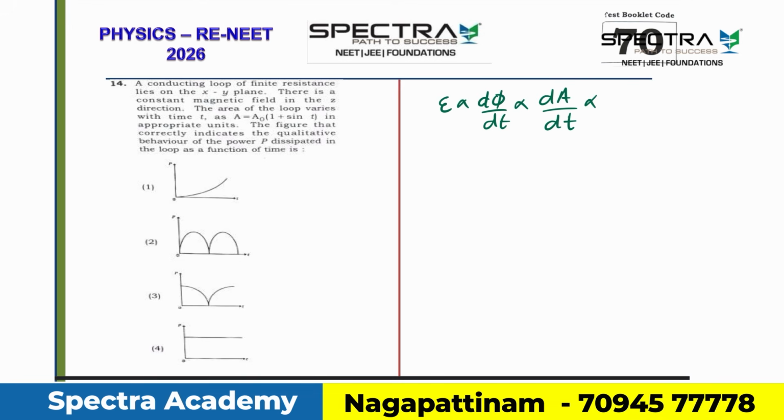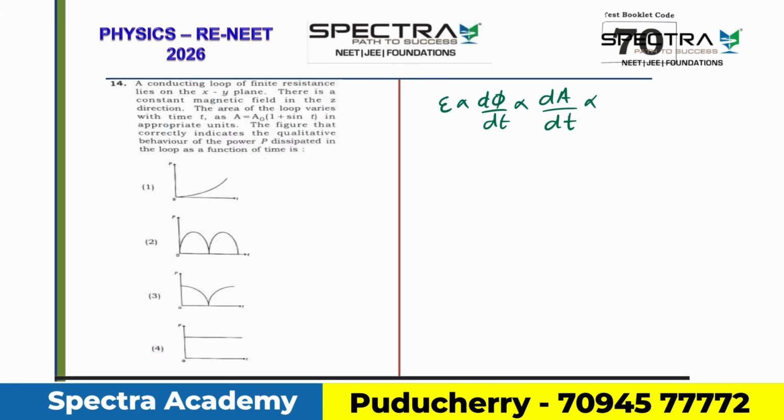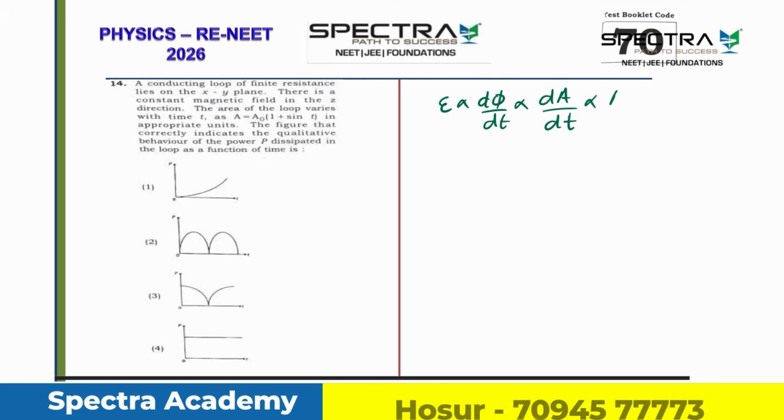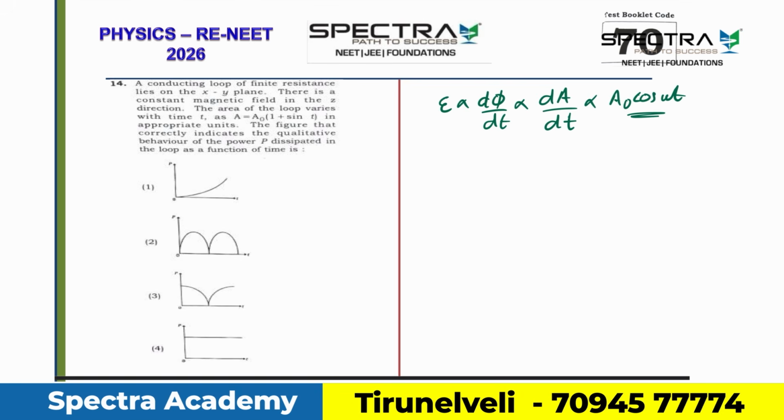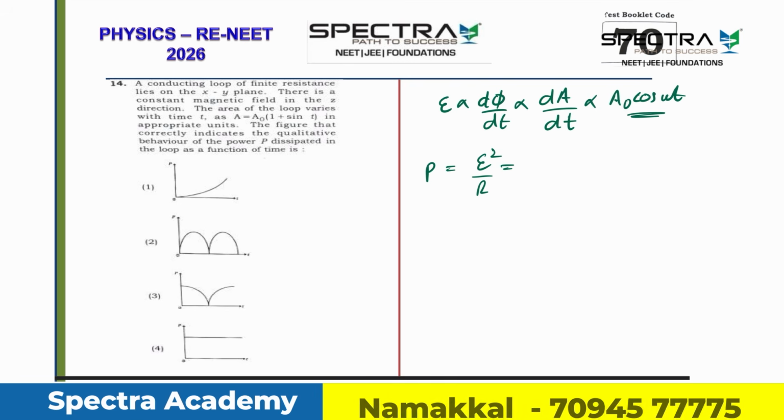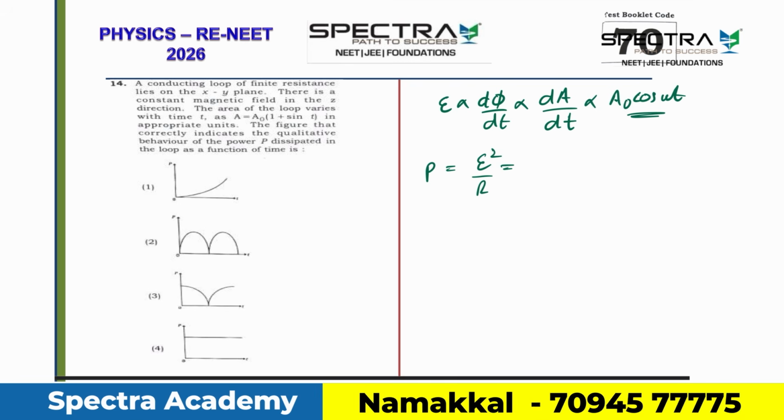A naught is constant, so differentiating A naught into 1 plus sin omega t, you get A naught into omega cos omega t. Induced EMF is proportional to A naught cos omega t. So what is the power dissipated? Power is equal to E square by R. So power is proportional to E square, which is proportional to A naught square cos square omega t.